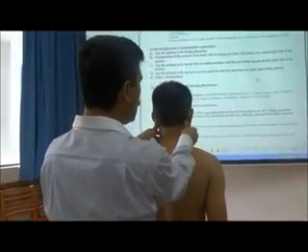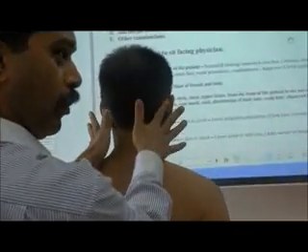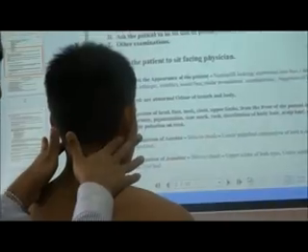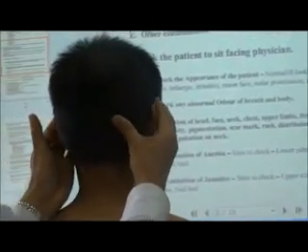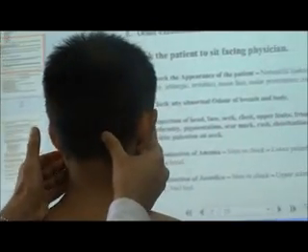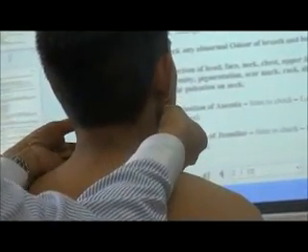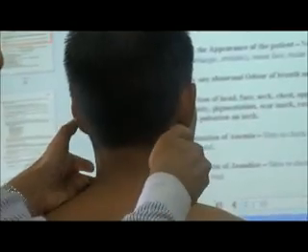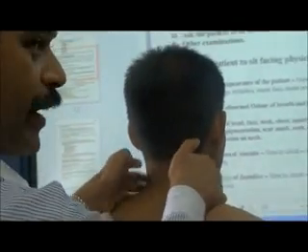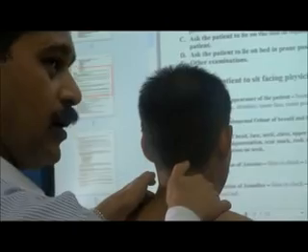And then go to the post-auricular lymph node, and then the pre-auricular lymph node. And then go to the submental lymph node, and then the submandibular lymph node. Then anterior cervical and posterior cervical.